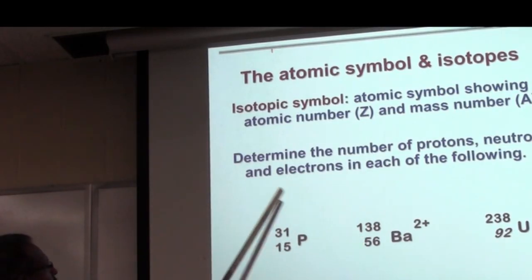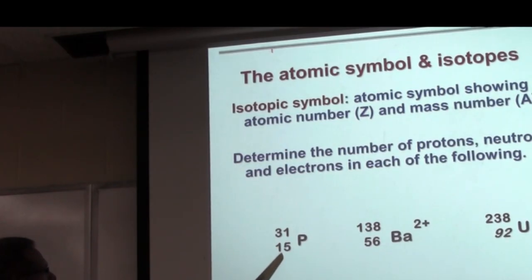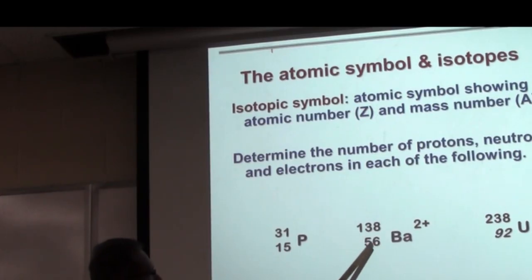Determine the number of protons, neutrons, and electrons. This one has protons, 15. How many neutrons? 16. That means this number subtracted from that number gives the rest, the neutrons. Okay, this one. Electrons. How many electrons?